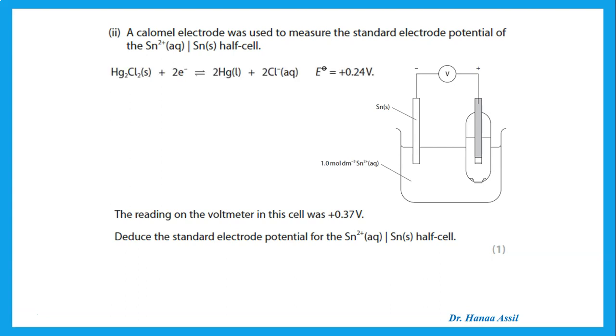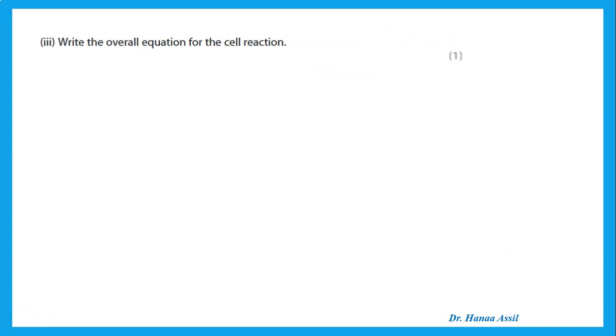Well, okay, this is the equation for the calomel electrode, and we have the E of the calomel is plus 0.24, and we are being told that the E of the cell overall is plus 0.37, and that means the standard electrode potential for the tin 2+ is minus 0.13 volts.